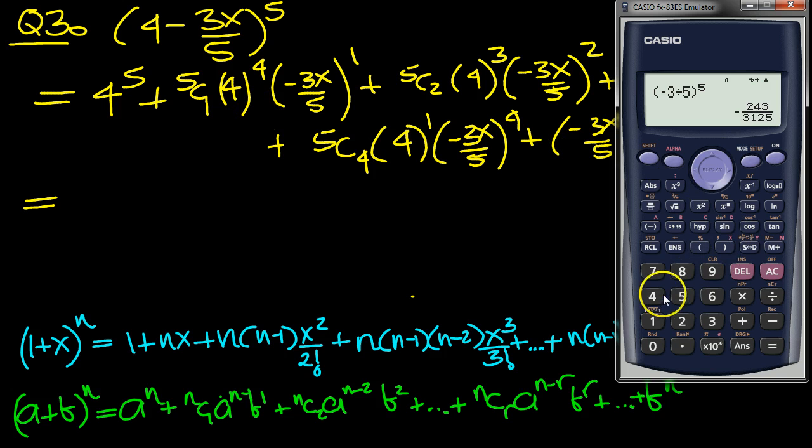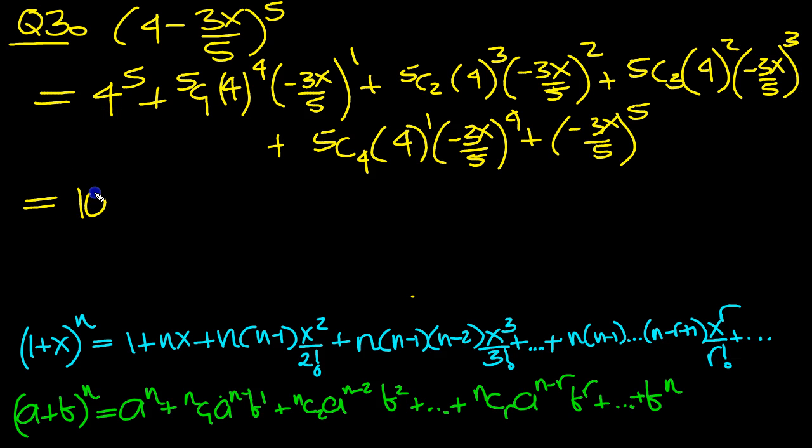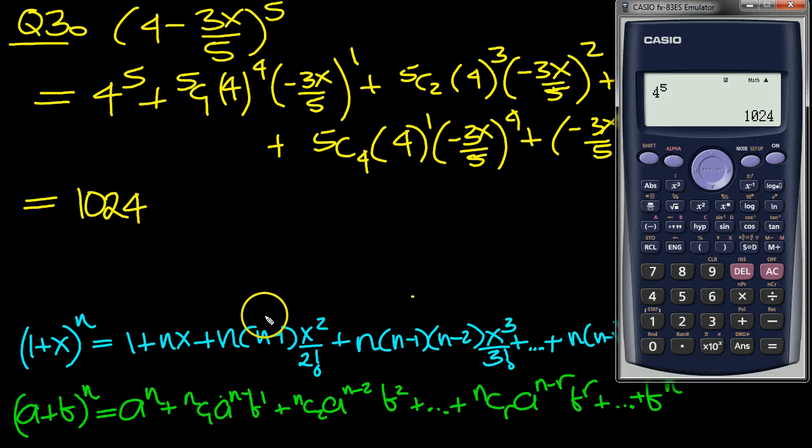4 to the power 5, so 4 to the power 5. 1024. The next one, we've got 5C1. So 5C1 times 4 to the power 4, ground level, times bracket negative 3 divided by 5 to the power 1, wasn't it?